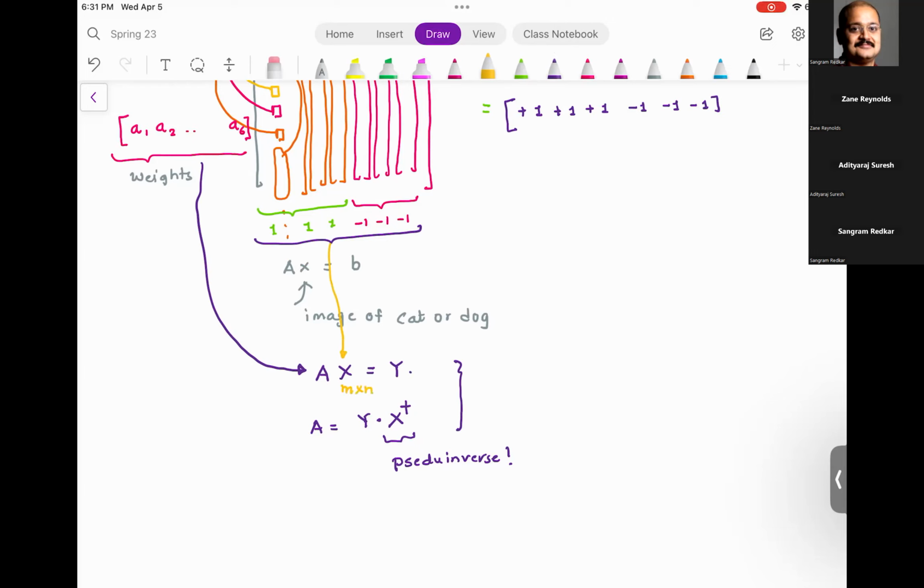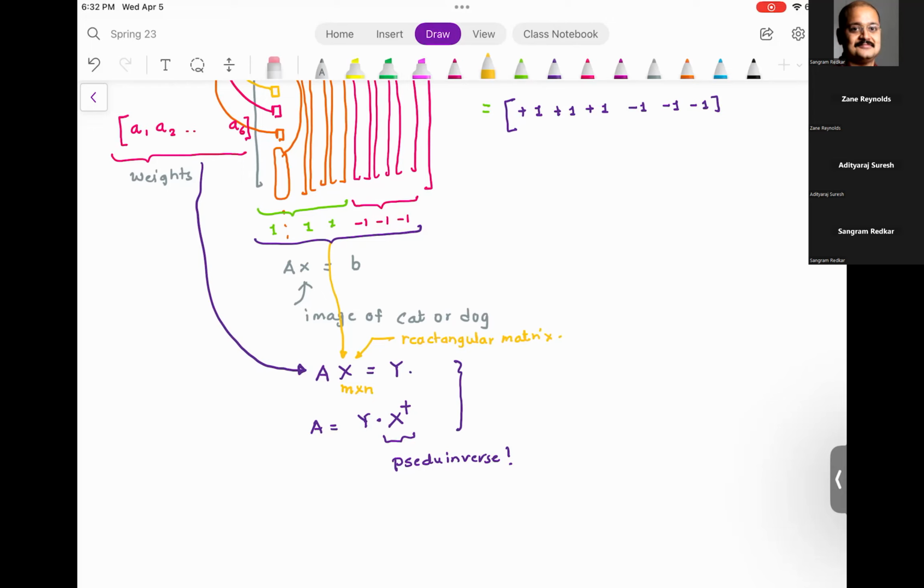It's a rectangular matrix. It's not a square matrix. So this rectangular matrix cannot be inverted.